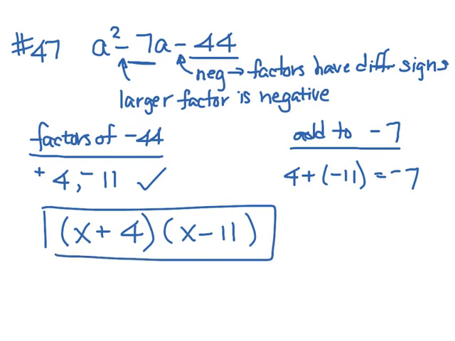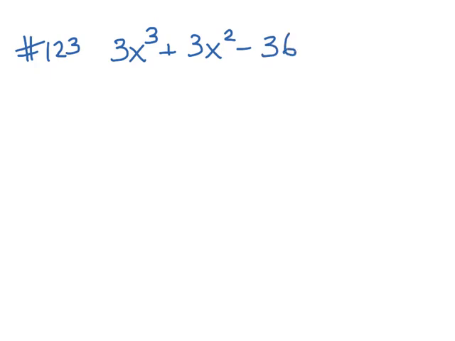Okay, sometimes you might be given a problem where you have to find a common factor in all of the terms before you start using your double bubble method. So let's take a look at number 123. We're given 3x cubed plus 3x squared minus 36x.